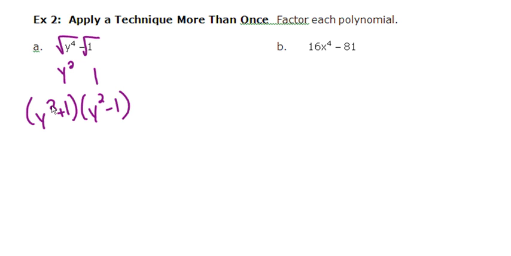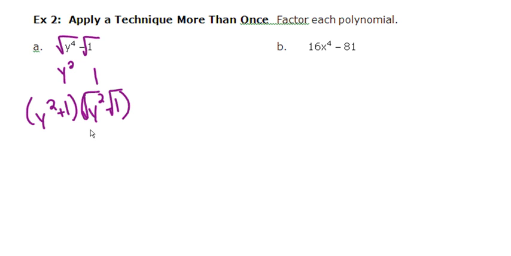Now the difference with this is, notice in the parentheses we still have exponents. If you still have exponents in your parentheses once you factor, you have to check again because you might be able to factor even more. Now this one, there's two terms, but there's a plus sign. So I know there's nothing else I can do here. But look here, there's two terms and a minus sign. So I can again check to see if they're perfect squares.